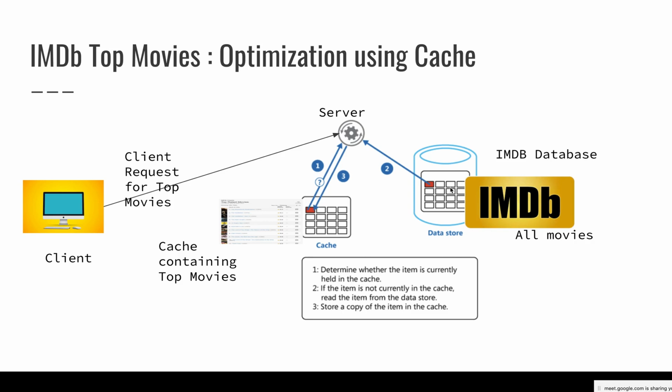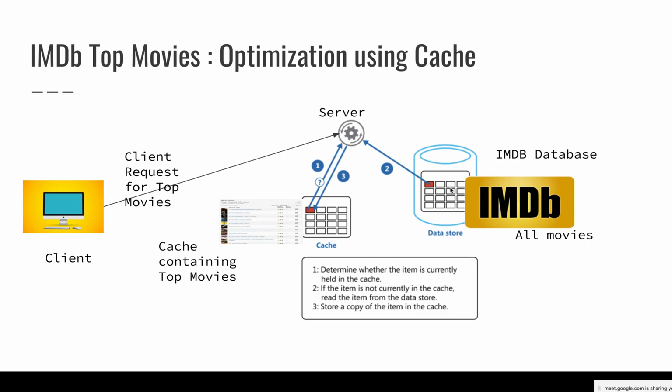In case the cache does contain it, that is, the server finds that the cache has the data which the client has requested, it's going to fetch that data from the cache and return it back to the client. This situation when the data is found in the cache is called cache hit.